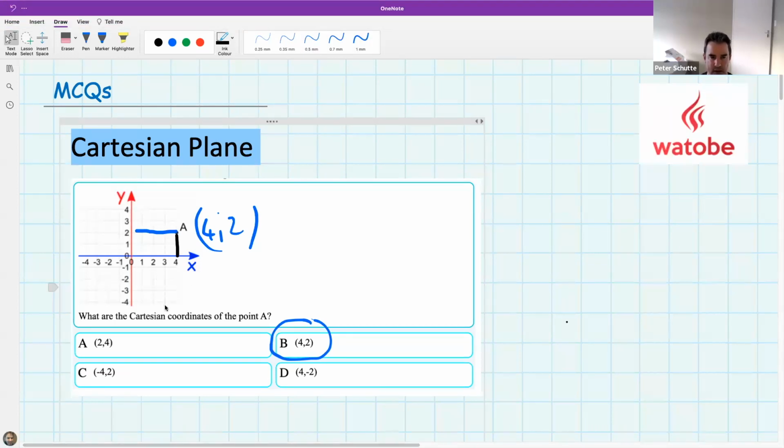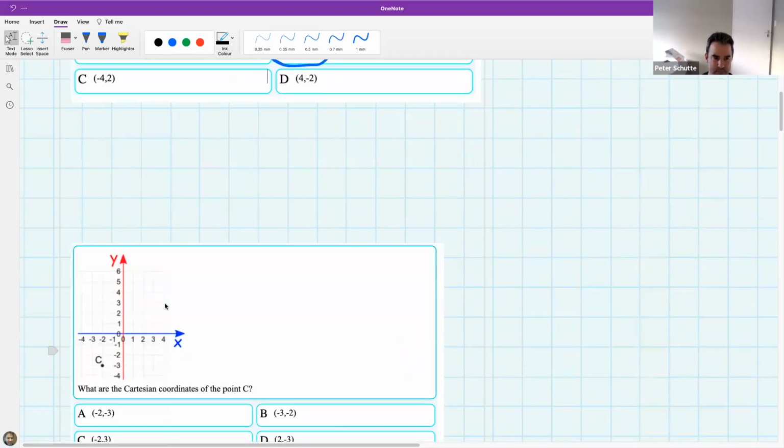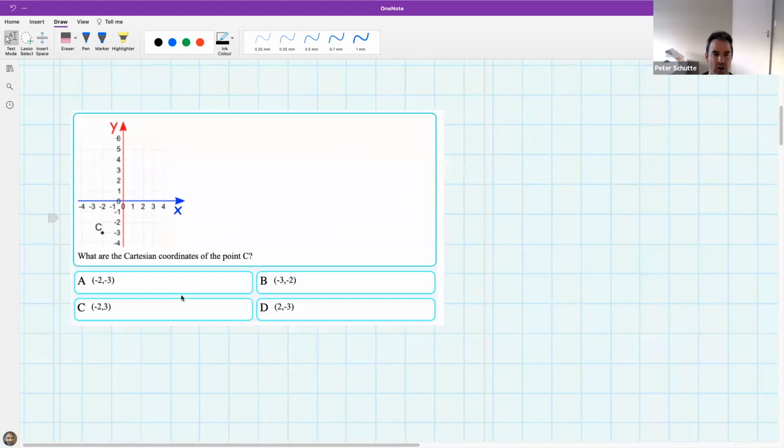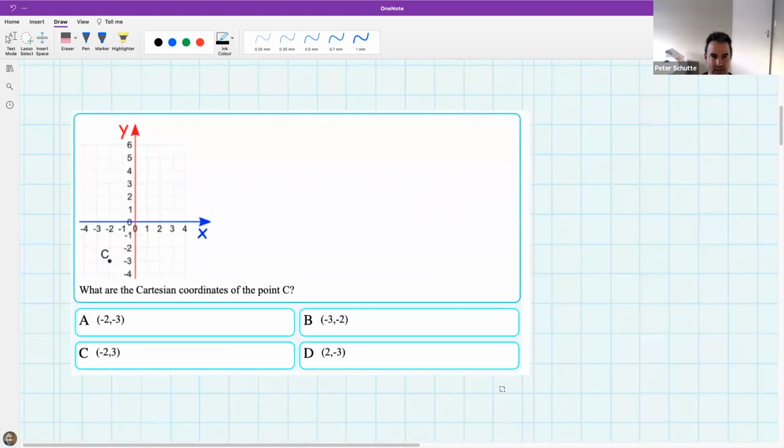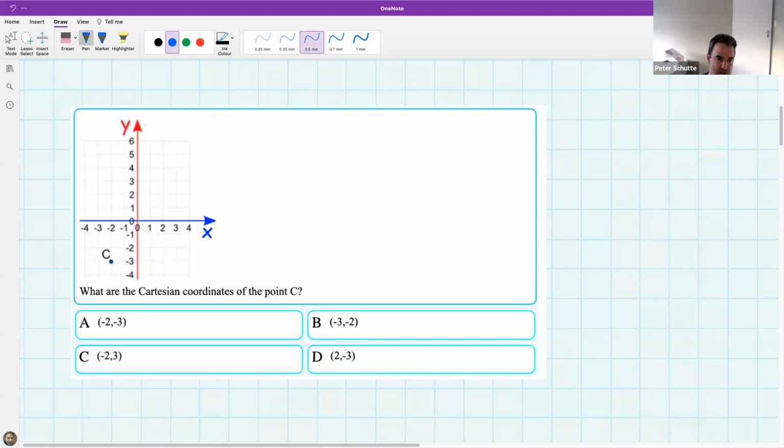Awesome. Okay, let's do another one like this. What are the Cartesian coordinates of the point C? Which of the options do you think is? Oh, there's quite a bit of variation, yes. So remember, everyone, we're looking at this point C. So X always comes first.